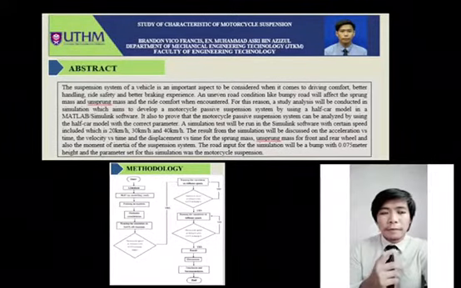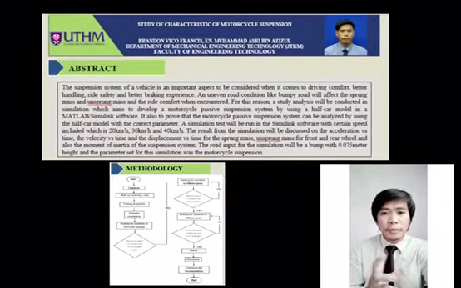But before we run the simulation, there is some calculation that needs to be considered as the step input.